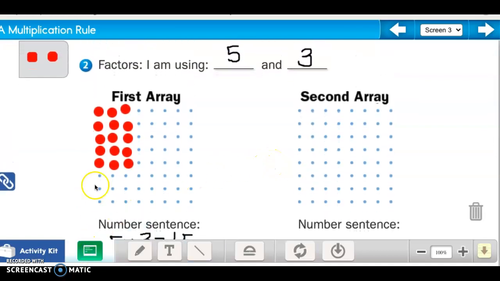Now let's make our second array. This time we're going to do 3 rows of 5.